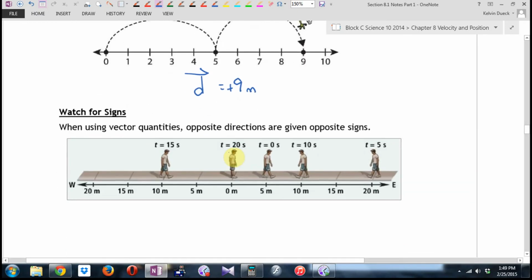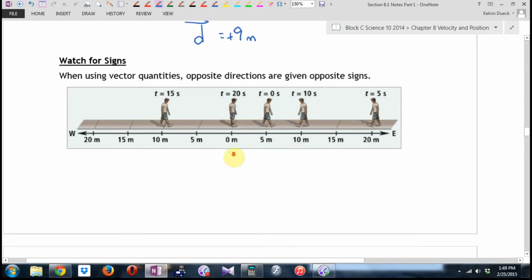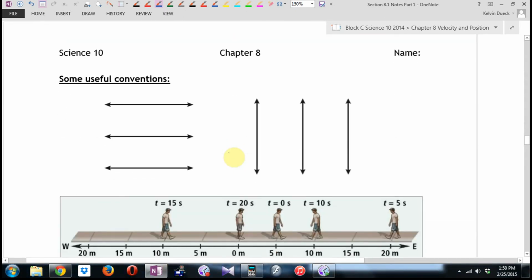Speaking of signs, watch for signs. Using vector quantities, opposite directions are given opposite signs. So, some useful conventions. Right. What's the opposite of right?